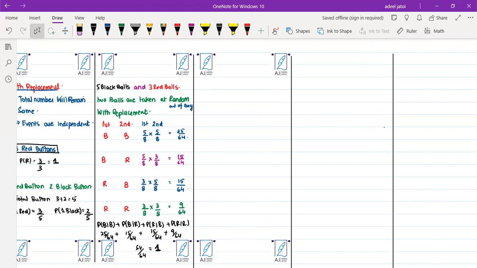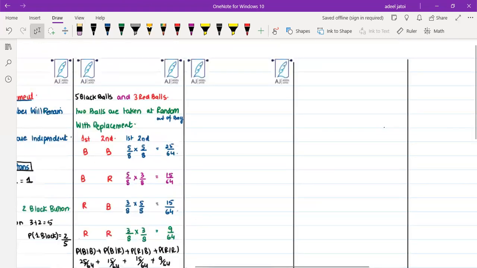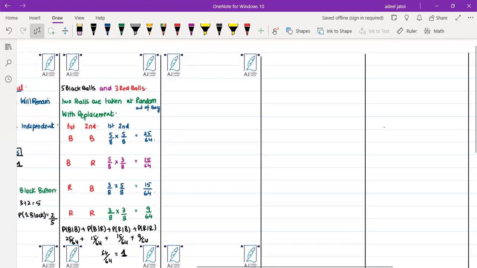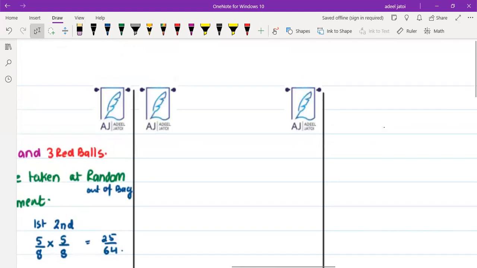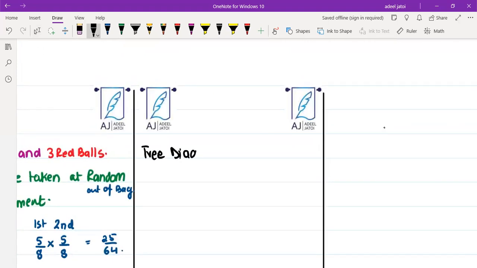Now, the same question, if I want to create a tree diagram. What is a tree diagram? A tree diagram is probability through branches.